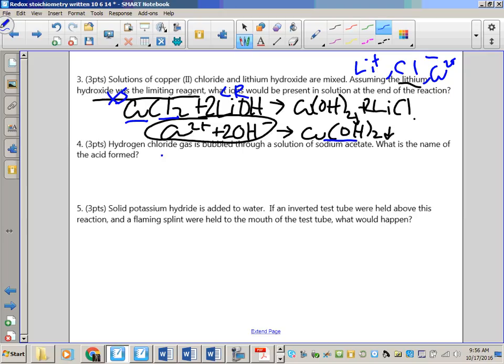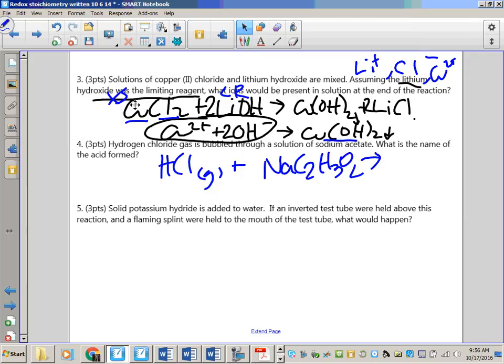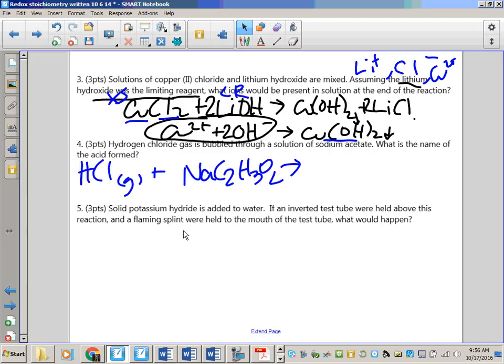Hydrogen chloride gas is bubbled through a solution of sodium acetate, C2H3O2. What kind of reaction is this? Say again? Double replacement. So it makes acetic acid and sodium chloride. So this is a solution of sodium acetate, right?